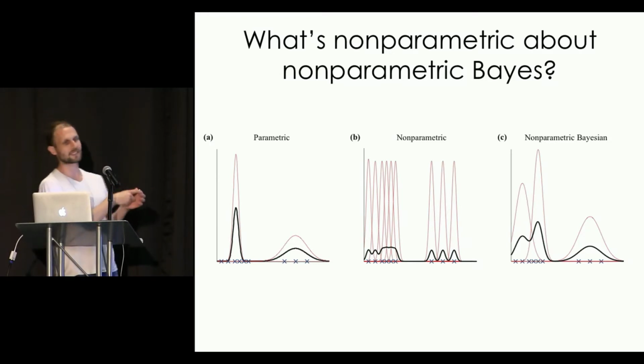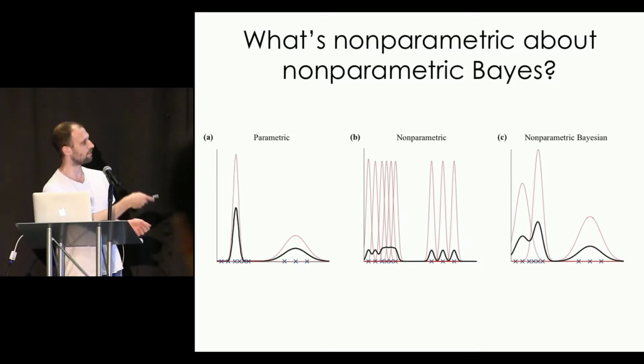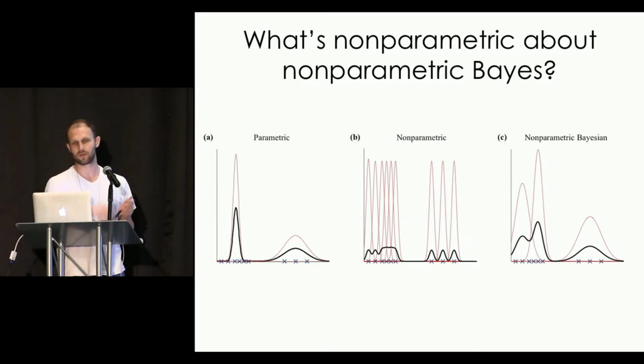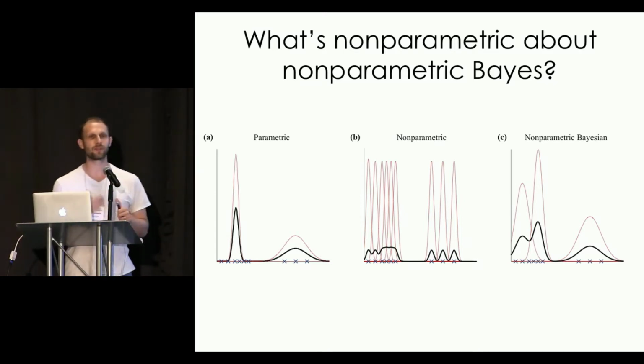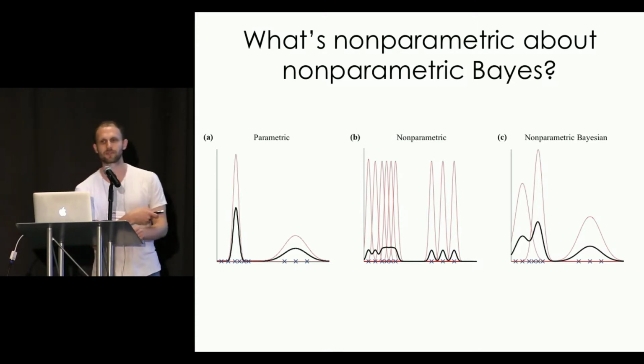A non-parametric density model, which is shown in the middle, as its name suggests, doesn't have some fixed set of parameters. What it does instead is it basically plops down a Gaussian for every data point, and then it models the density as a mixture over those Gaussians. What makes it non-parametric is that every time you add a new data point, you're effectively adding a new parameter. Okay? The non-parametric Bayesian models are somewhere in between.